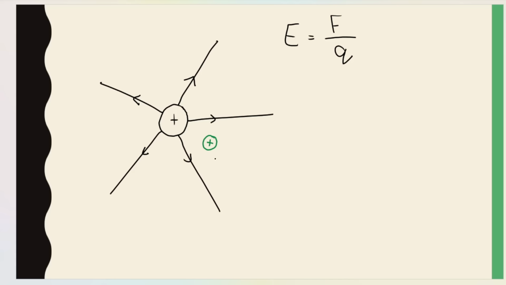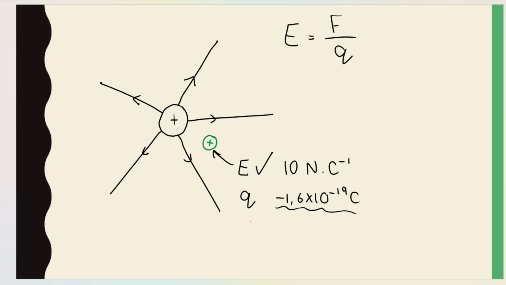So if I know the electric field at that point, let's pretend it's 10 Newton per Coulomb, and I know the charge of this thing, let's pretend it's an electron, negative 1.6 times 10 to the negative 19. Remember, the charge of an electron is a constant. Then I am able to calculate the force that this electron would experience at that point. Obviously, this can't be an electron. Let's say it's a proton because it's positive, so then it would be positive 1.6. I did tell you it's positive.